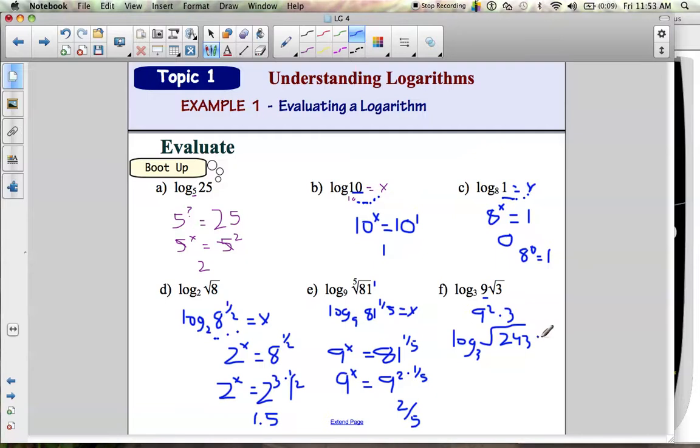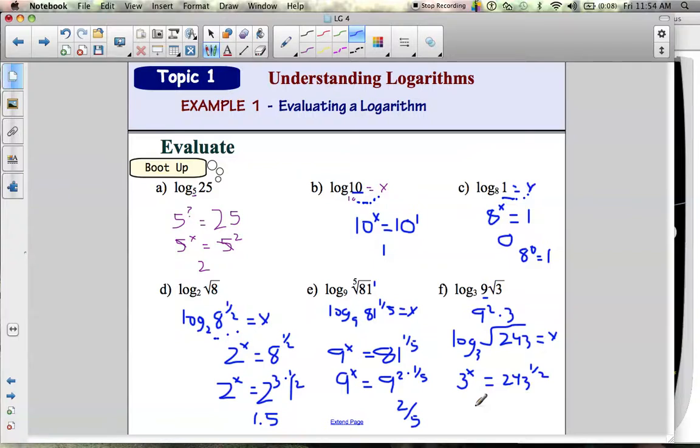So let's make it equal x, and let's do the boot up. So that 3 kicks that up. So it's 3 to the x equals 243 to the 1/2. Now, we have to try and think of 243 to base 3. So now we're just going to throw some numbers in. Let's try 3 to the power of 6.